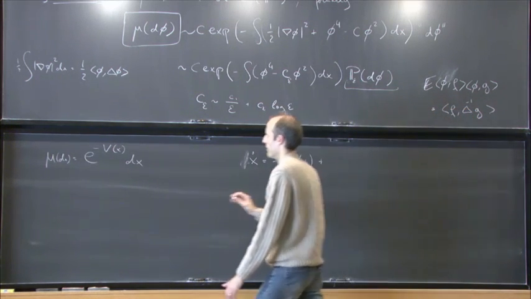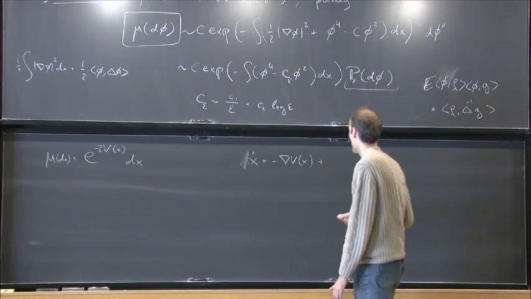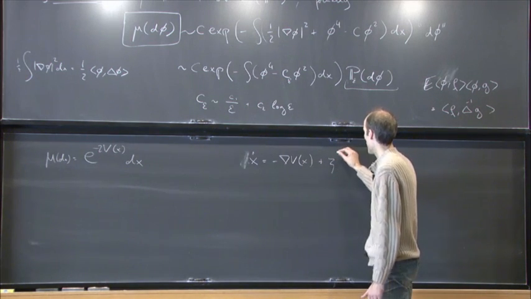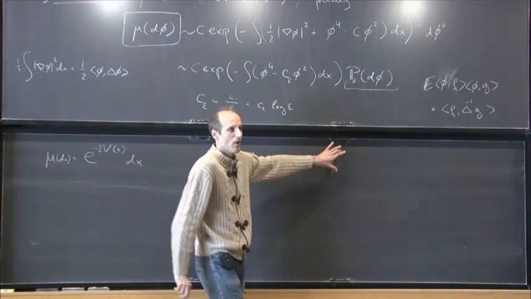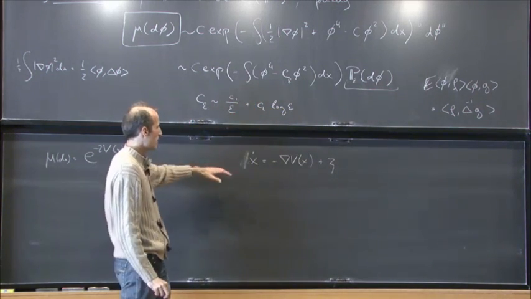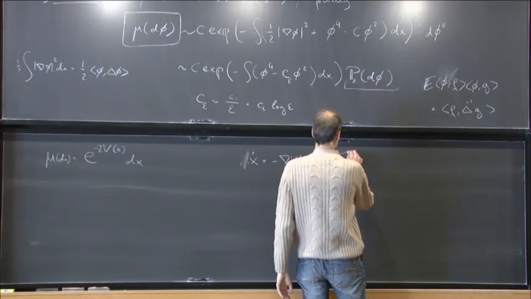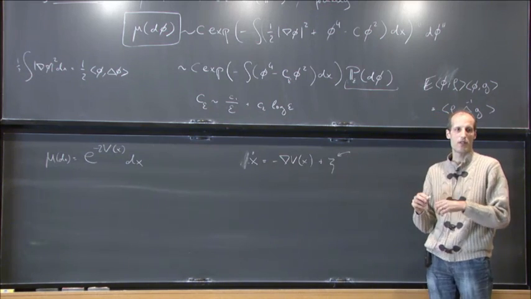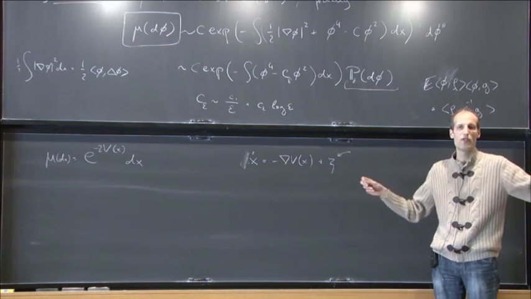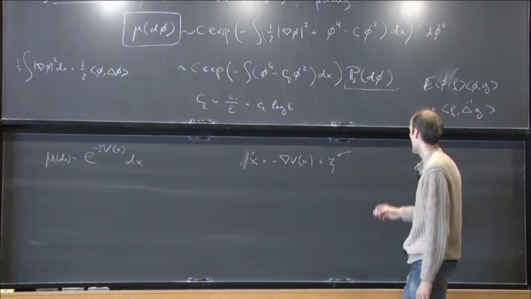And then, to make constants correct, maybe I have to put a 2 here, which is irrelevant. And here I put a psi, where psi is white noise. So take just this ODE, where you put a random input here. And psi, you should think of it as a random distribution, but just a distribution in time, because x is finite dimensional.